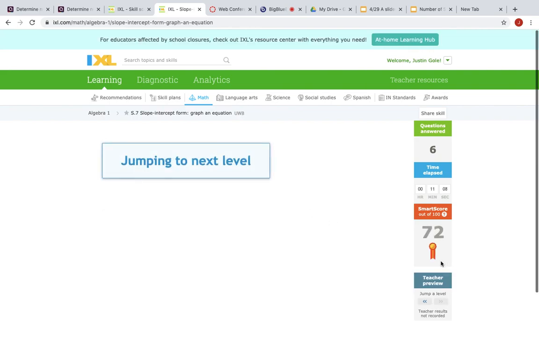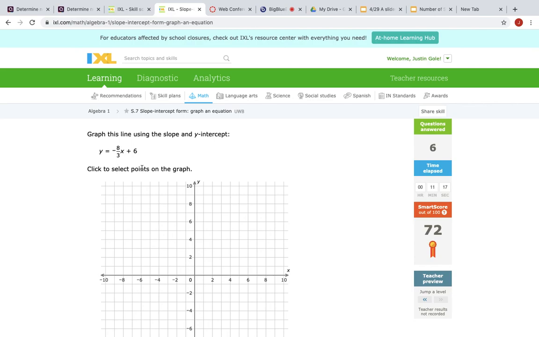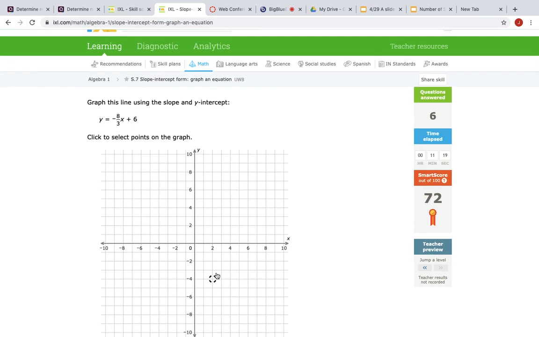Actually, I'm going to just jump to the harder questions, so you guys don't have to get up here, but I'm going to do one of these just to model what it looks like. These ones are a little more difficult because my slope is not quite as simple as like 1 over 7, it's 8 over 3. You're going to have to just do a little more counting, but still this is pretty easy.